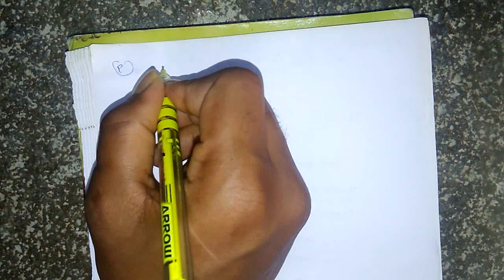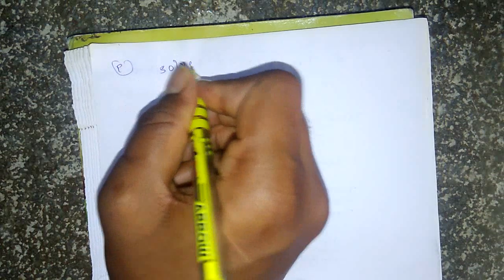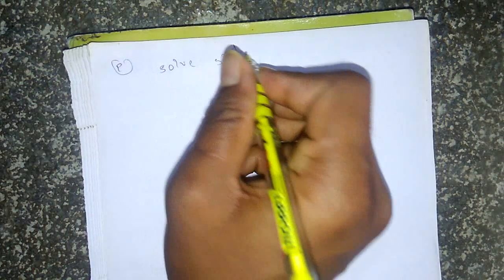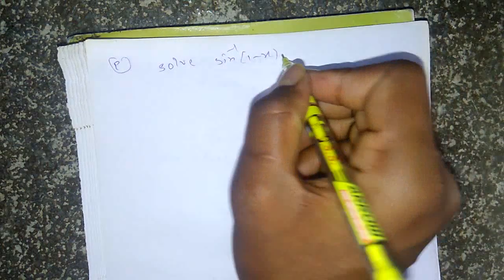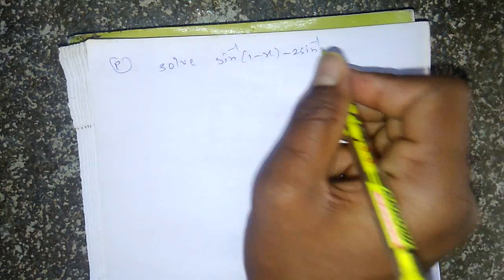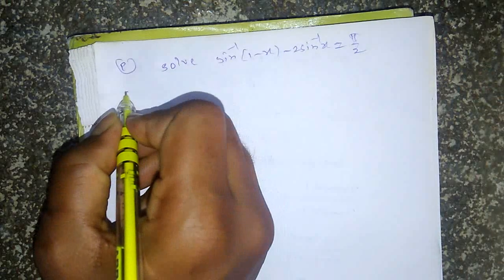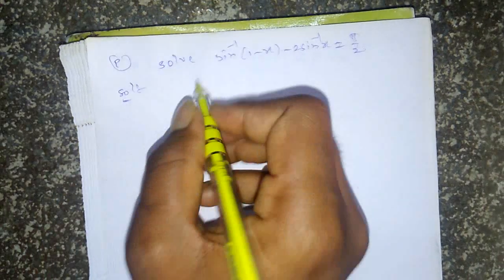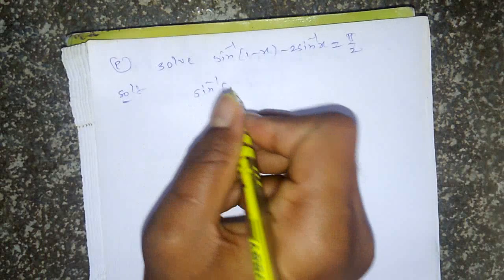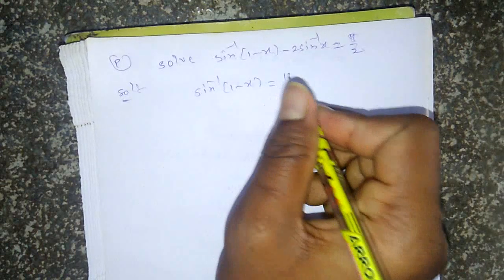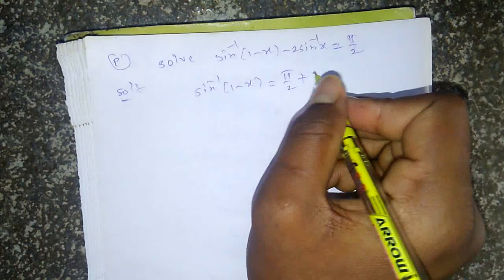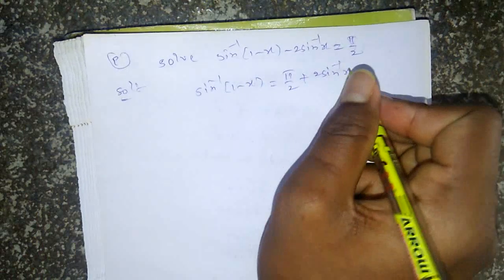So our next problem is solve the equation sin inverse of (1 minus x) minus 2 sin inverse of x is equal to pi by 2. So this is sin inverse of (1 minus x) is equal to pi by 2 plus 2 sin inverse of x.